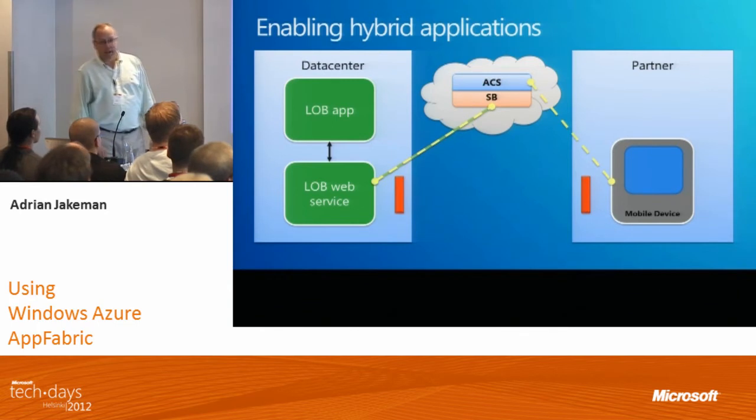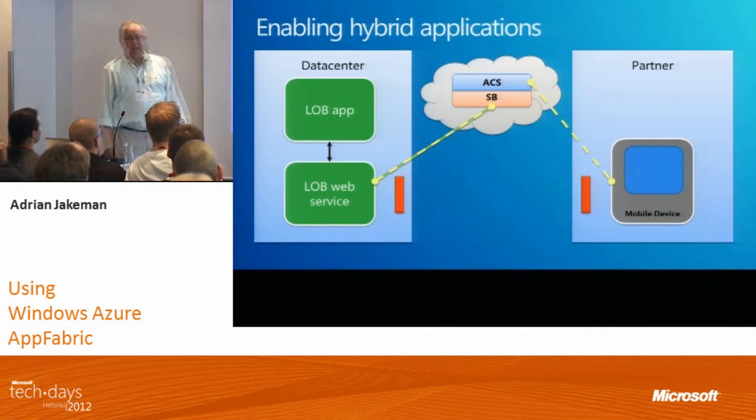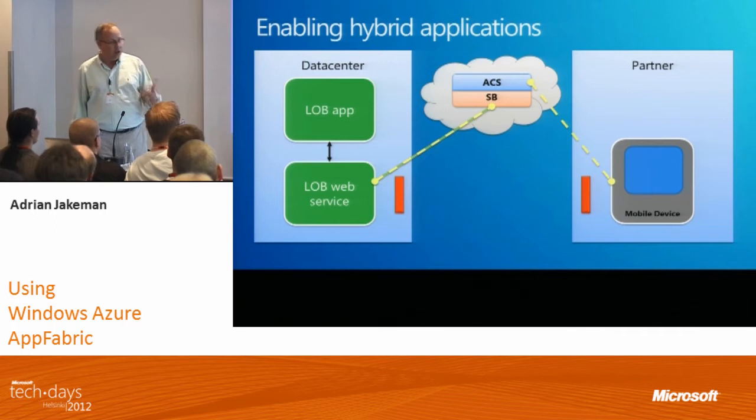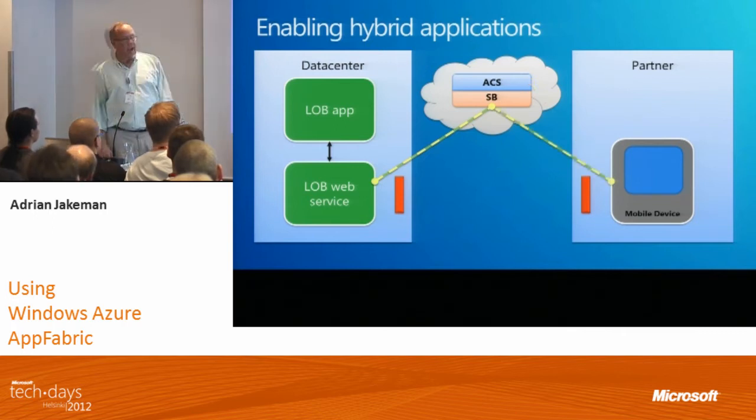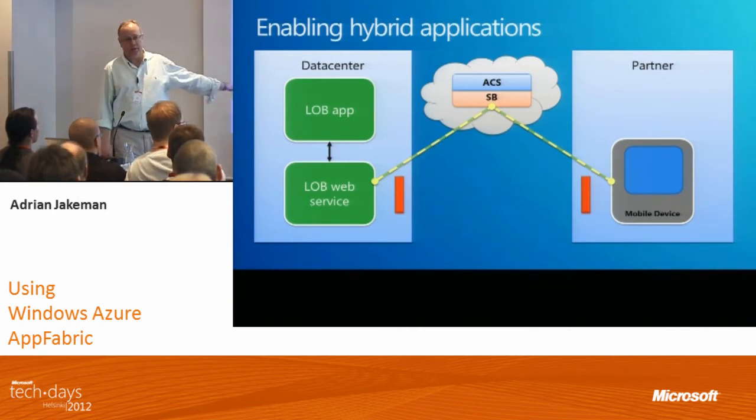My client application, running on any device, anywhere, anytime in the world, perhaps then talks to the Access Control Service to be given some kind of claims that it can use to access the back-end service. It then accesses the same relay endpoint in the service bus, passing messages between the client app and the line of business service.